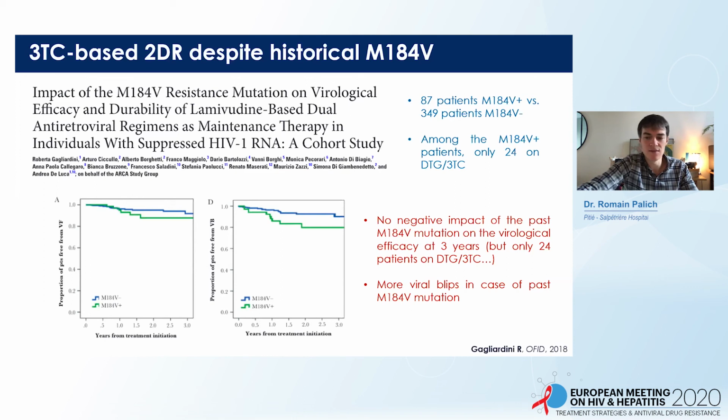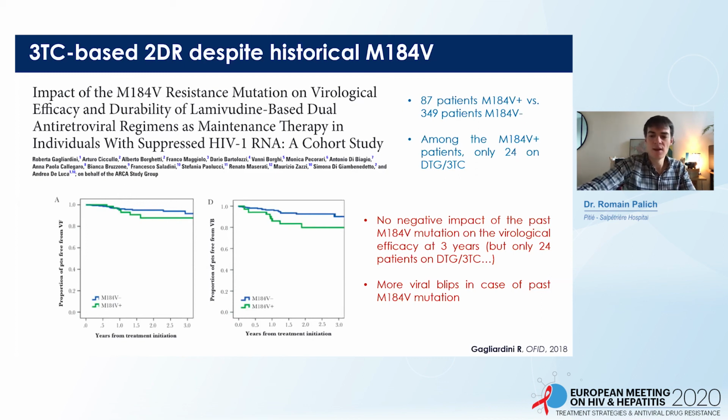More recently, our Italian colleagues have shown in a retrospective cohort that this mutation had no significant impact on virological control in patients on 3TC-based dual therapies, including 24 patients on dolutegravir lamivudine 3 years after switch. However, the number of blips was significantly higher in patients with M184V mutation in comparison with others.